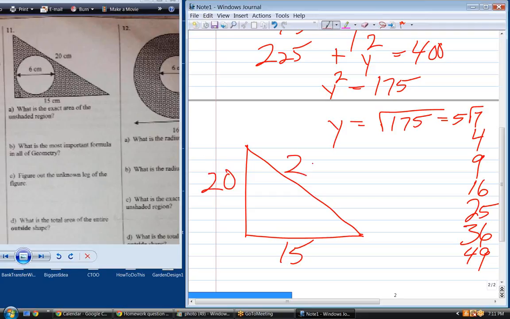And then it's 25, like that. In other words, that's the same as a multiple of a 3, 4, 5 triangle. And this one is easy to confuse with that. So this one is 5 root 7. And what's the total area of the entire outside shape?